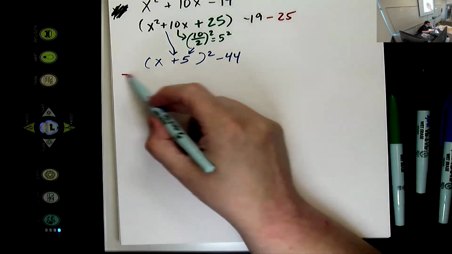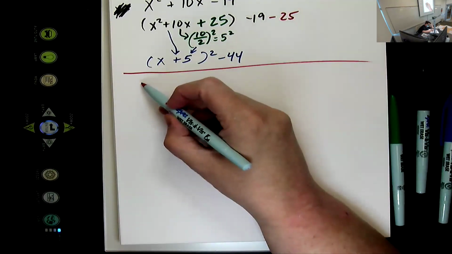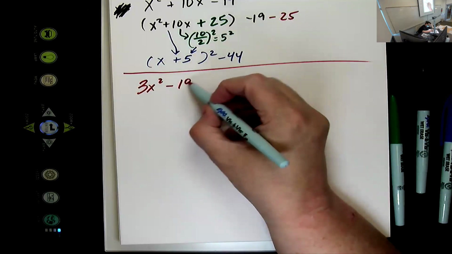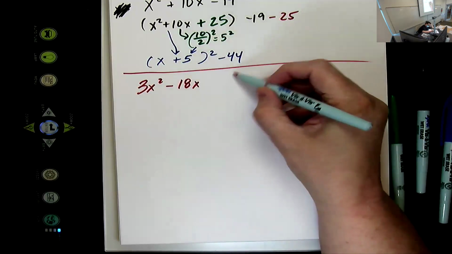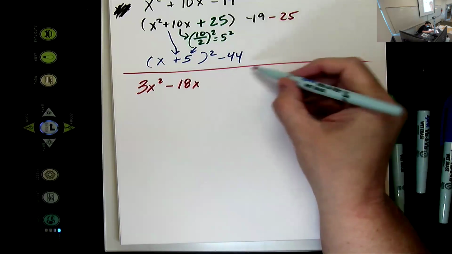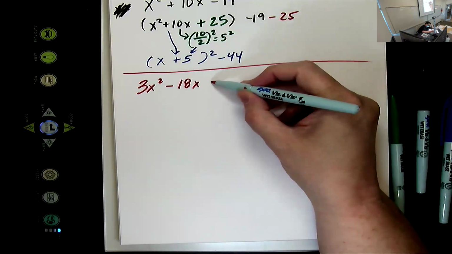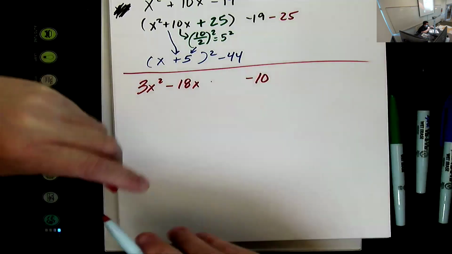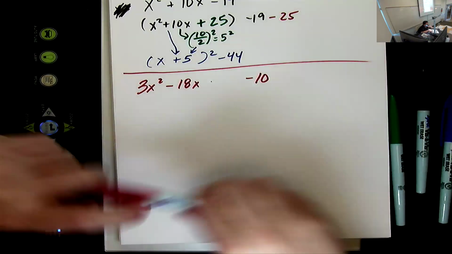All right, next example. I'll move it over now, just give it a little room, let's say -10. I'm making up numbers here.